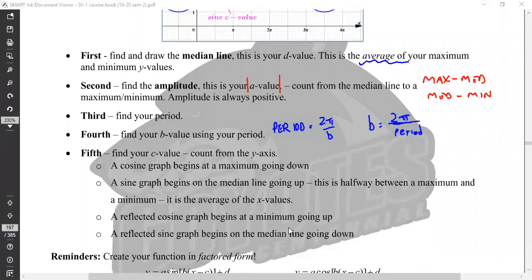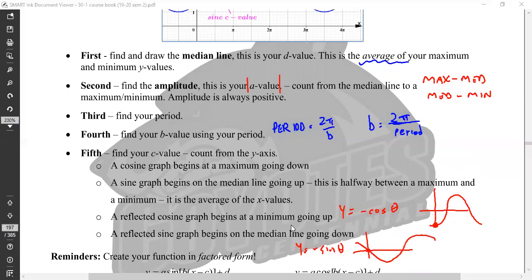Now, if we have a reflected cosine, y equals negative cosine, it's going to have a start point at the minimum. If we have a reflected sine graph, y equals negative sine, the start point is still on the median, but it's when it's going downhill.